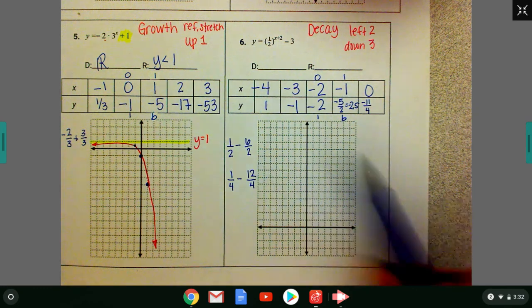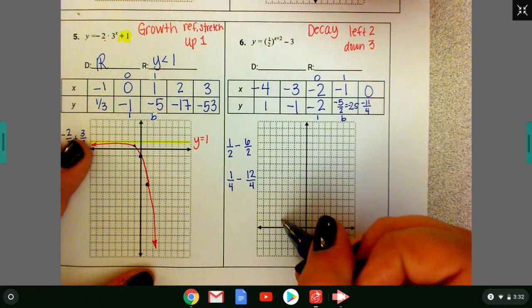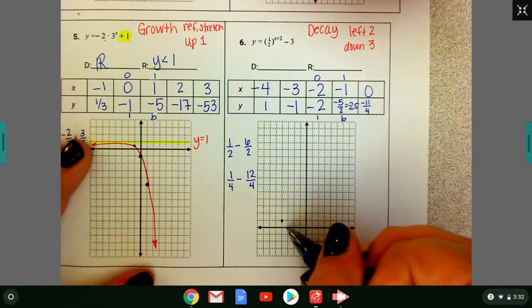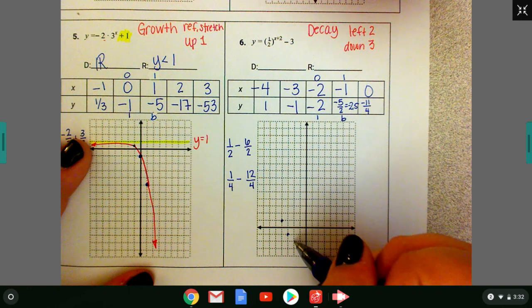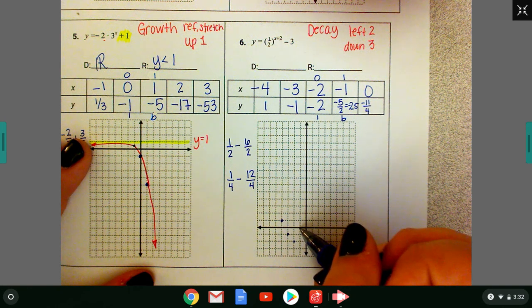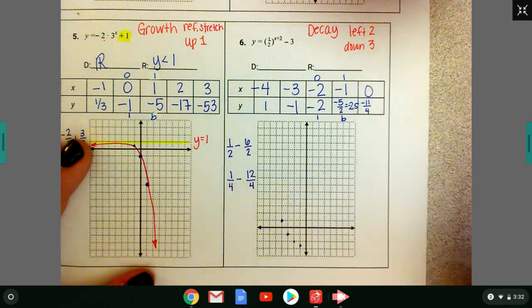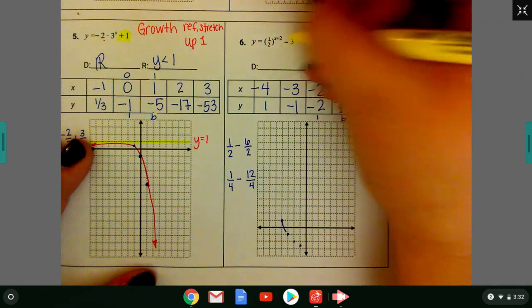Okay, so let's plot the things we do have. Negative 4, 1. Negative 3, negative 1. Negative 2, negative 2. Negative 1, negative 2.5. And before I connect them, let's look at our asymptote.